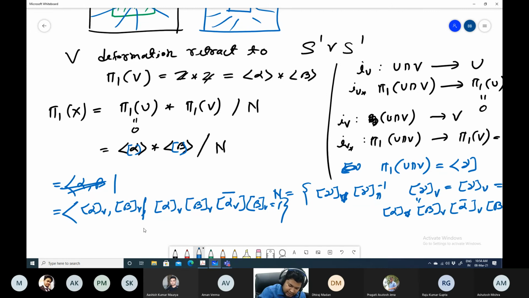And here you can write in this form as well. So alpha beta equal to beta inverse alpha.